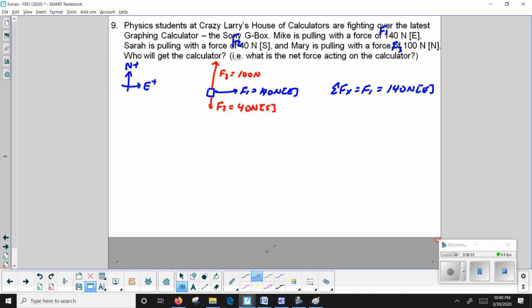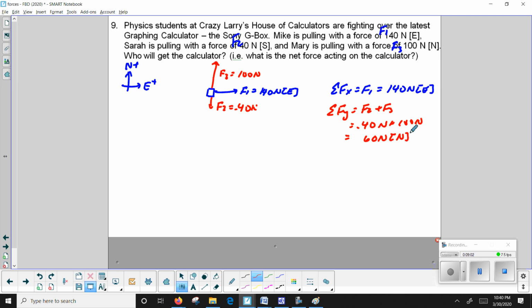Now, what happens in the y is I'm going to have my F2 and F3 forces. So they're going to equal negative 40 newtons and 100 newtons, which gives me a total of 60 newtons. And it's positive, so it's going to be going northwards.